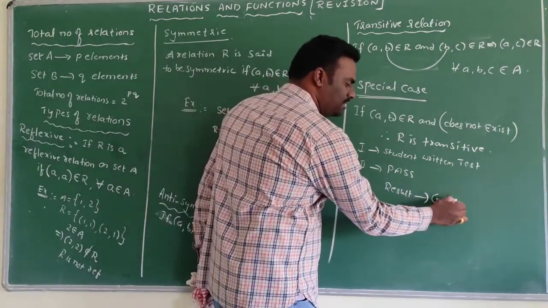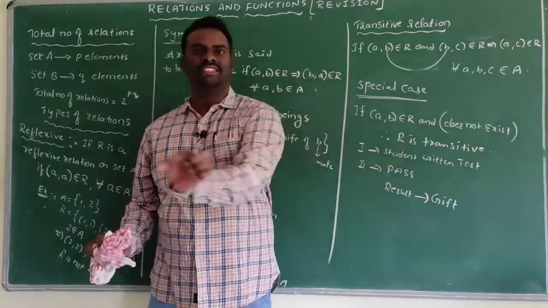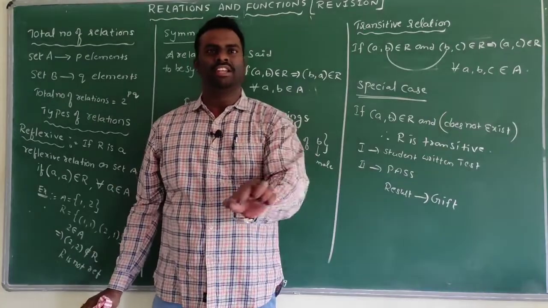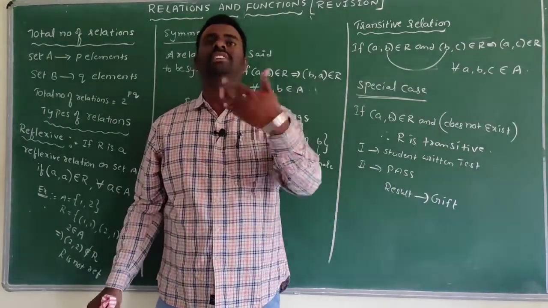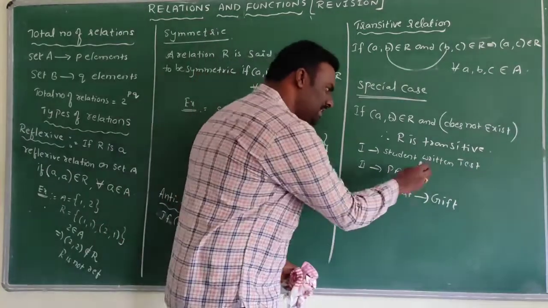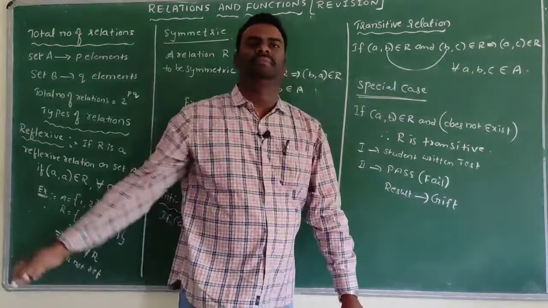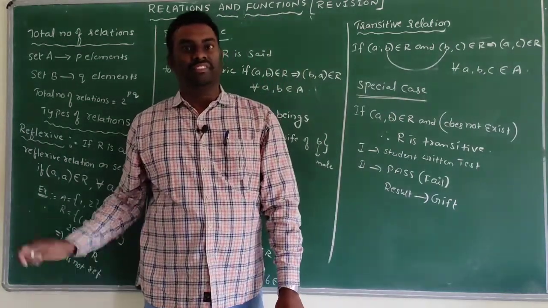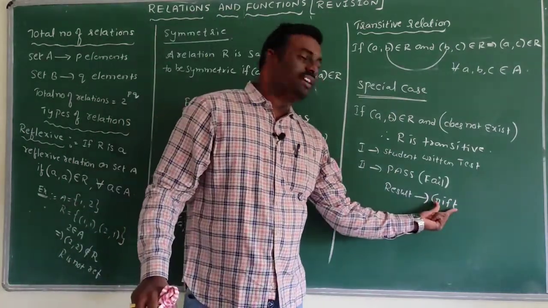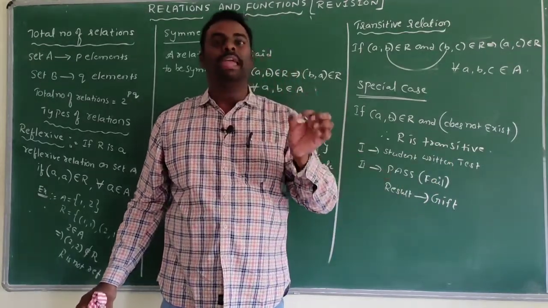I will give a small example. What is the first relation? Student writing examination. What is the second relation? If he passes, what is the output? He will get a gift. But in this case, if he fails, he will not get a gift. But what is the statement I make?